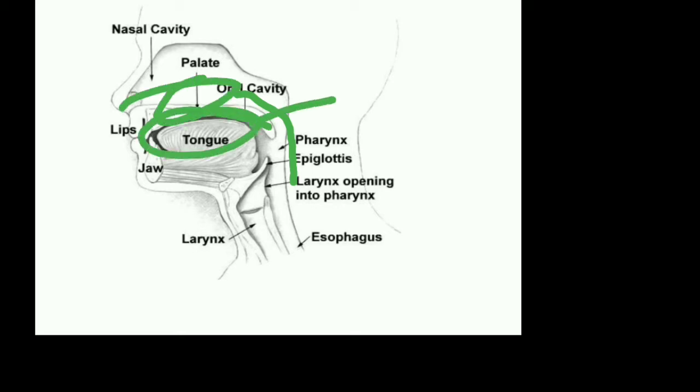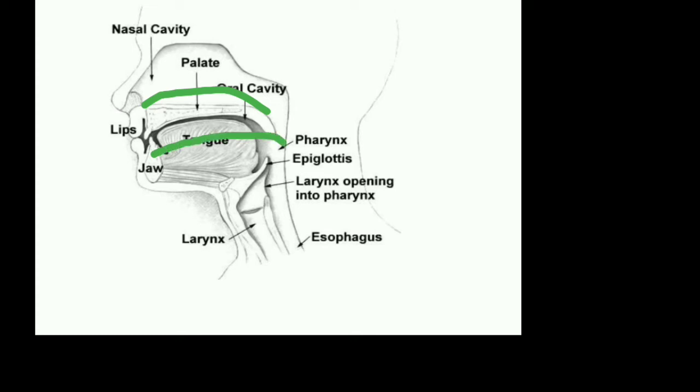Behind the nasal cavity and mouth the pharynx is situated, above the esophagus and larynx. You can see this is the esophagus and larynx, and above this, this part is called the pharynx.